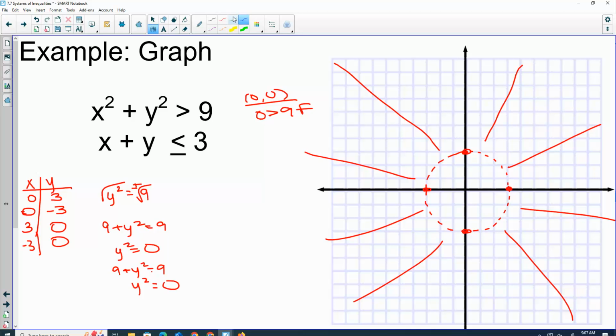All right, you guys graph the second one. That one's linear, so you should be able to draw that graph and do that shading. To graph that line, we need y equals mx plus b form. So if you subtract over your x, y-intercept of 3, slope of negative 1, so down 1 over 1. Solid or dashed line?